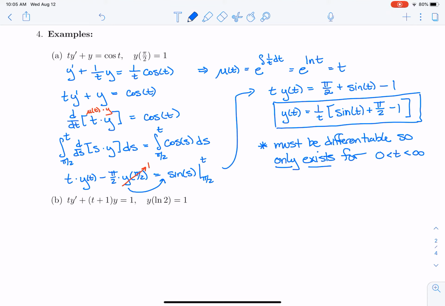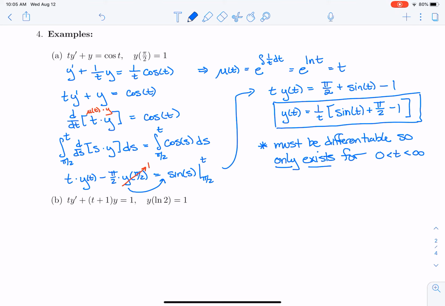But my initial condition was at pi over 2, and so I want to include that initial condition. So this solution only exists for between 0 and infinity. I don't say that it exists for negative time because the solution can't cross that discontinuity. It has to be differentiable. So it only exists between 0 and infinity.